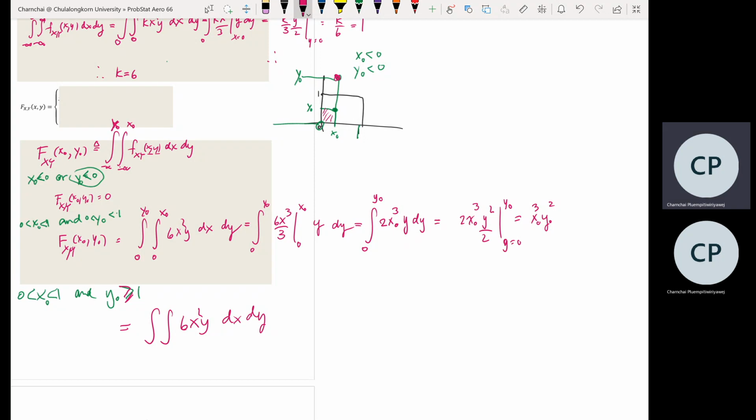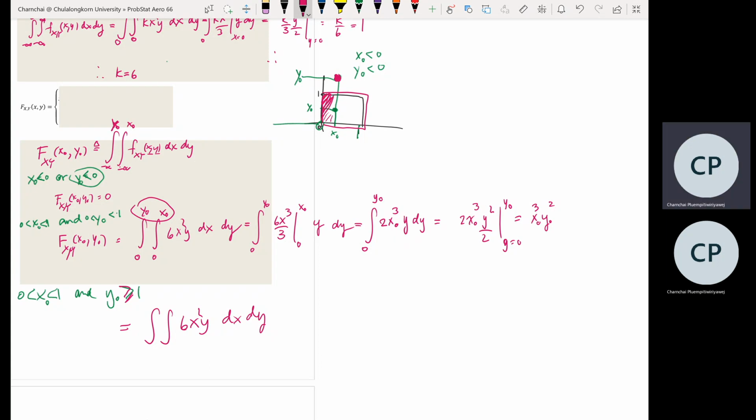It's not the same. Remember, this is the area where the graph has values. So if you are integrating from here, you have to integrate from where to where?